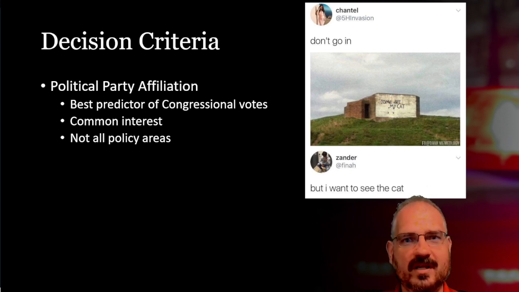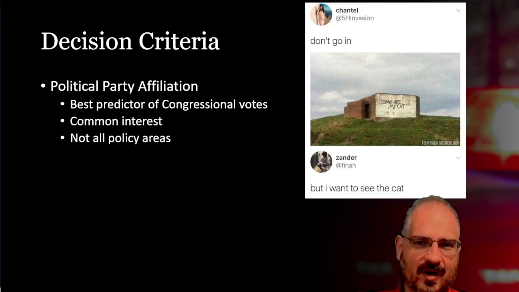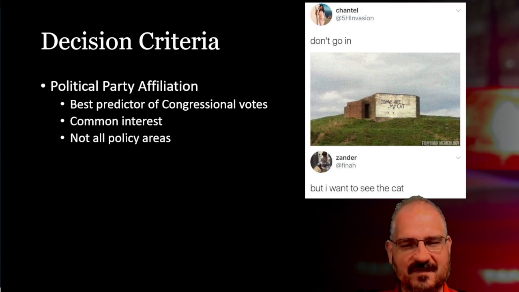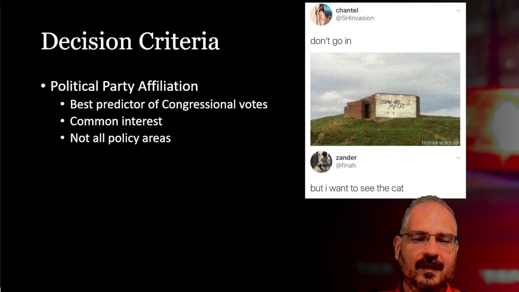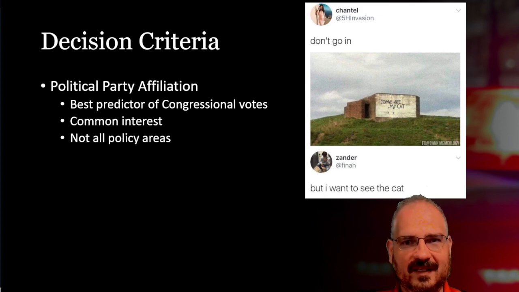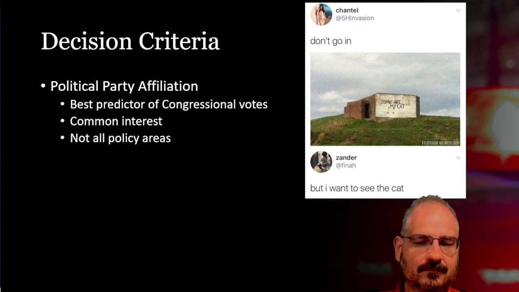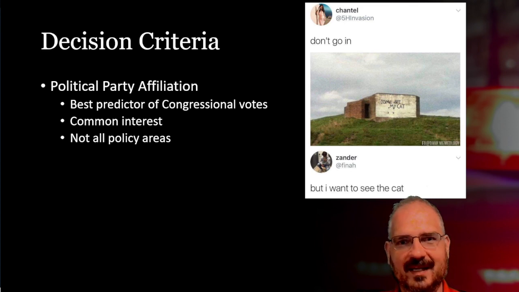Now, political party affiliation. Are you a Republican or are you a Democrat? In some local areas they'll have true independents or third party people, but those are very few and far between. At the national level, it's pretty much exclusively Republicans and Democrats, right? And this is, disturbingly, the best predictor of congressional votes of any.